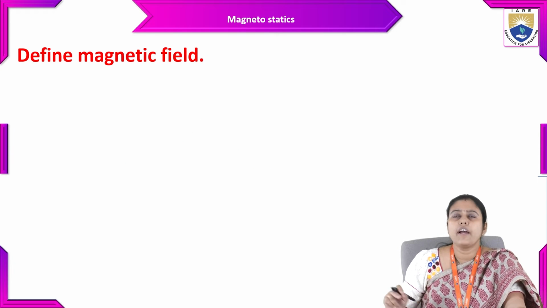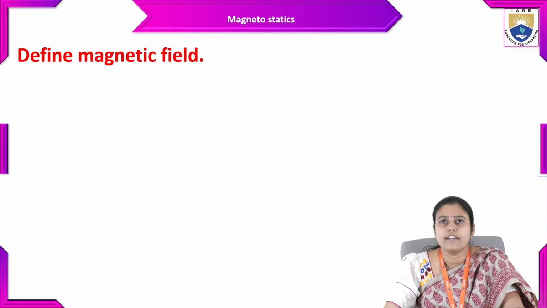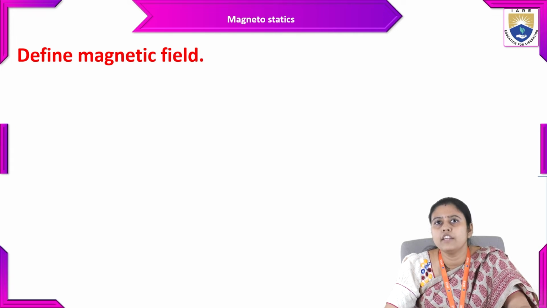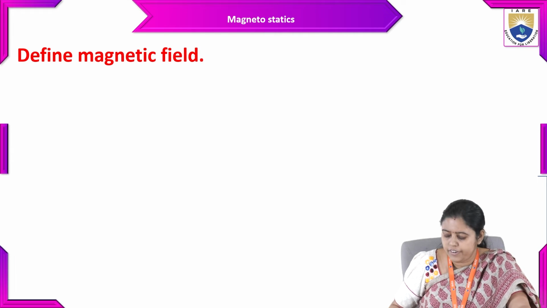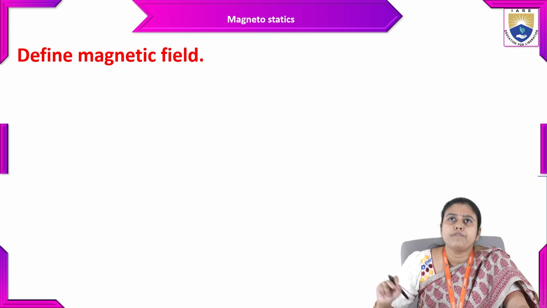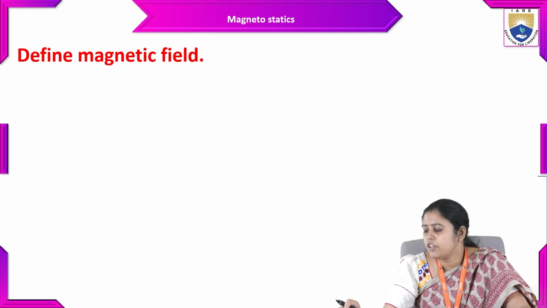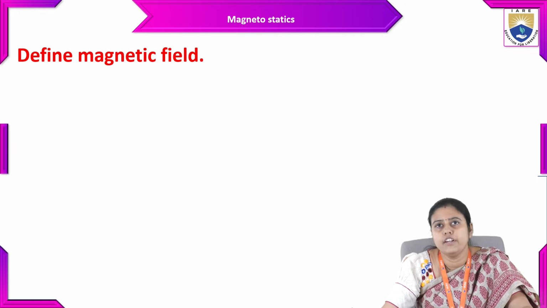While we are discussing magnetostatics, the first thing that comes to our mind is, what is a magnetic field? Before telling about the magnetic field, we will give a short demo of the electric field. What is the meaning of electric field?